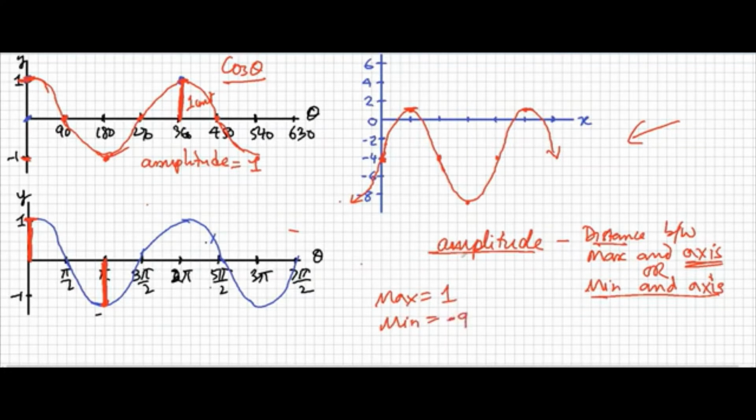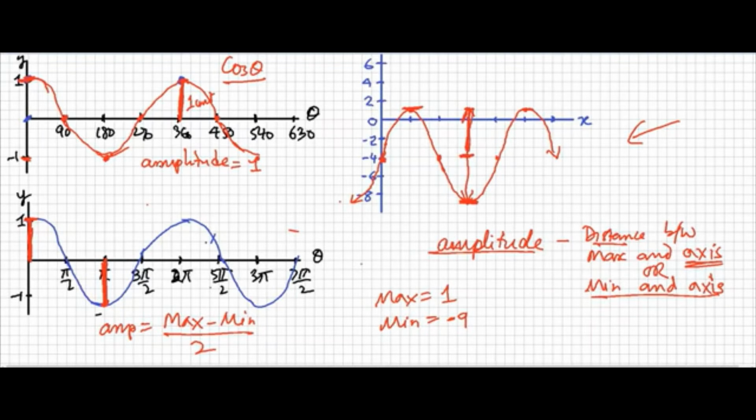So to find amplitude, the formula is amplitude equal to maximum minus minimum divided by 2. What exactly are we doing? We are subtracting the minimum from the maximum. That means we get this particular distance, and then we divide it by 2. That means we make it half, and we found the amplitude, which is between maximum and axis.